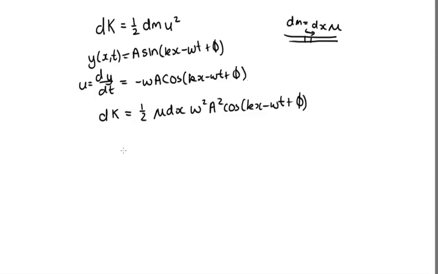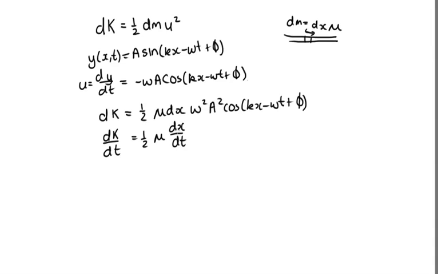Now because we're trying to get power, which is energy divided by time, let's work out how much of this energy flows through in a tiny increment of time. So we're going to divide by dt now. So we've got dK/dt is equal to a half μ. Now we'll actually divide this dx by the dt.